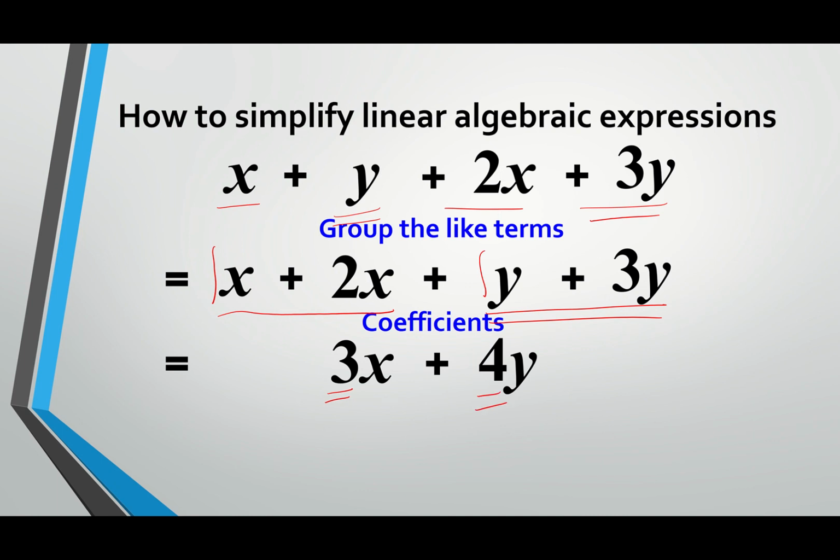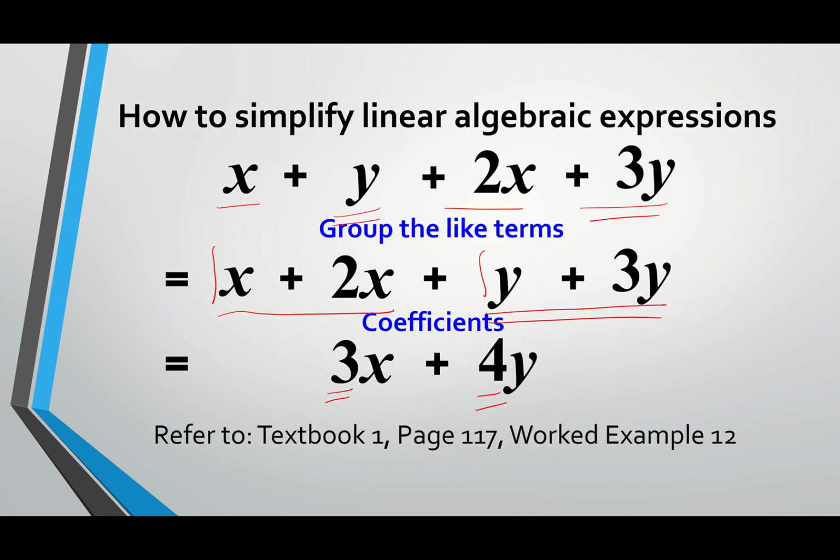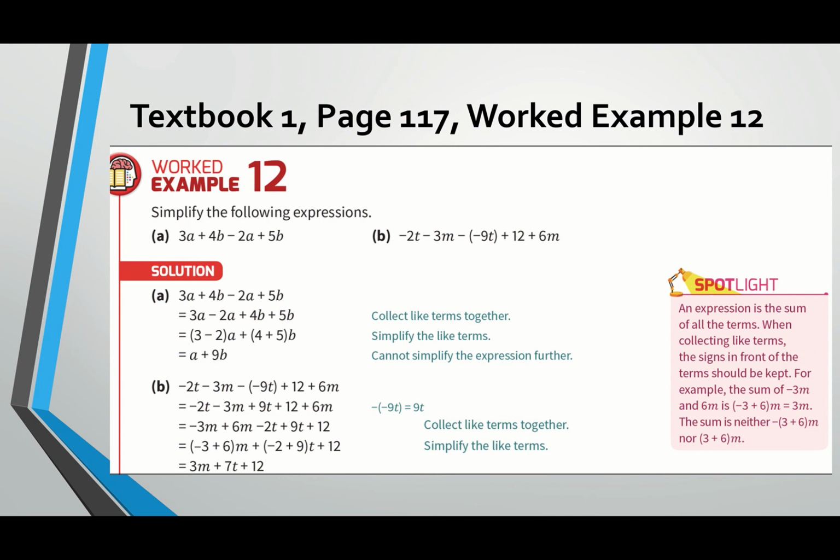Okay, let's look at example 12 on textbook 1A, page 117. Here it is. Now let's look at question part A: 3a plus 4b minus 2a plus 5b. We are going to group the like terms together. We call it grouping, or we call it collecting the like terms together. So we will have the 3a put together with the negative 2a, and 4b plus 5b will be together.